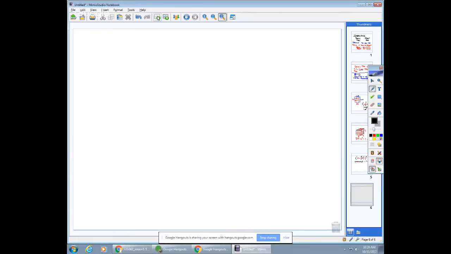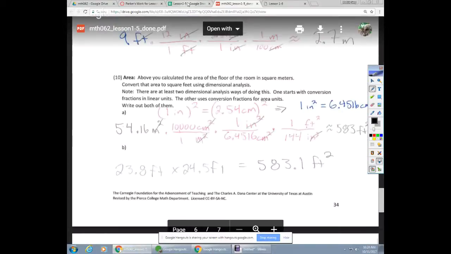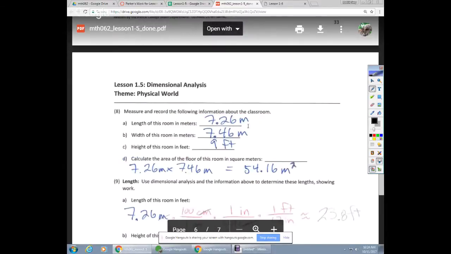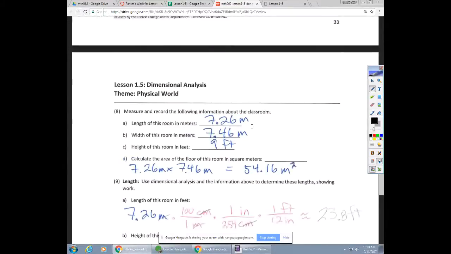The main reason I went to 2 decimal places, we talked about significant figures last week or the week before. When we measured the room, the tape measures we used had centimeters on them. Centimeters is 2 decimal places on a meter.